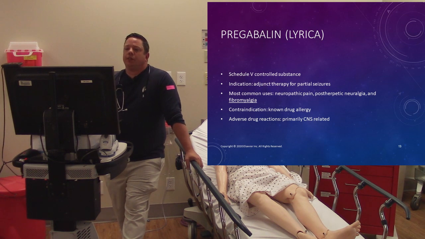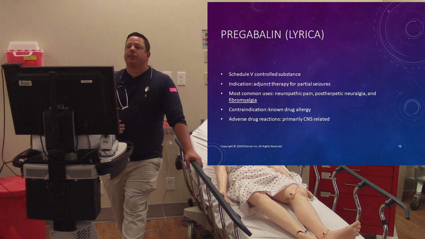Schedule 4 substance, indication, adjunct therapy for partial seizures. Most commonly given for neuropathic pain, postherpetic neuralgia, and I don't know, Google it, okay? And fibromyalgia, right? Contraindications, known drug allergies, primary CNS related.